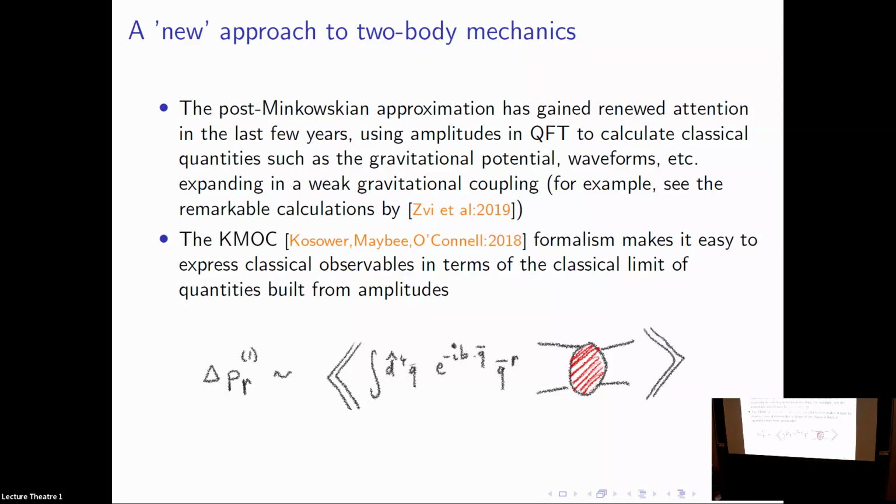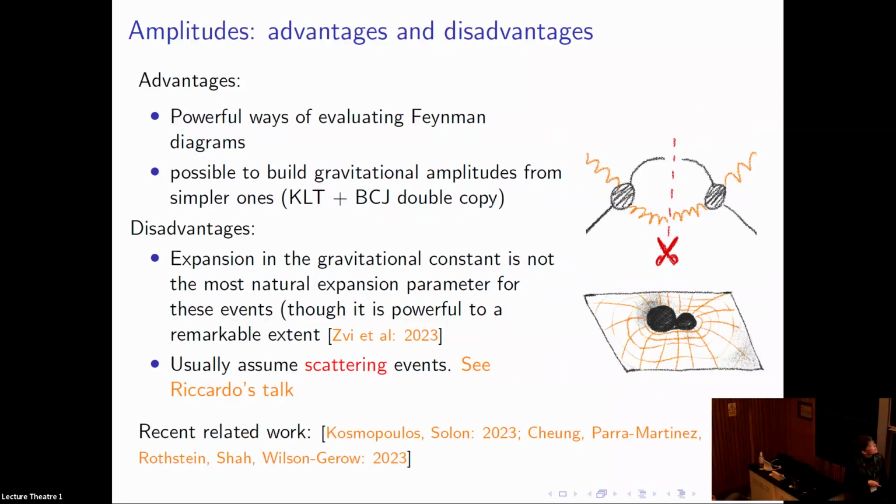Okay, right. So this is maybe a controversial slide, but what are some advantages and disadvantages of using amplitudes? For one, QFT amplitudes is a very old field at this point. So there are a lot of powerful ways of evaluating Feynman diagrams, such as generalized unitarity and things like that.